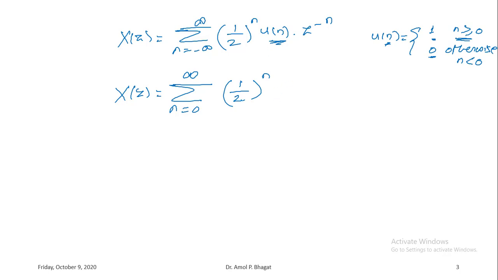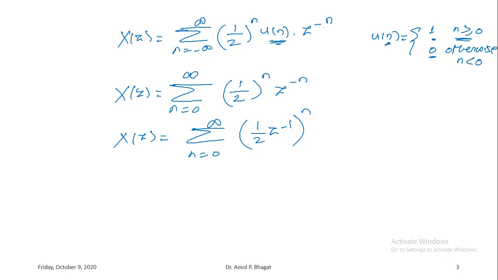So it will be simply (1/2) raised to the power n into z to the power minus n. Again, I can rewrite it as X of z equals summation n equals 0 to infinity of ((1/2) z inverse) raised to the power n.